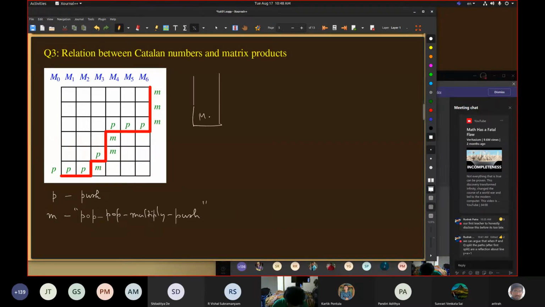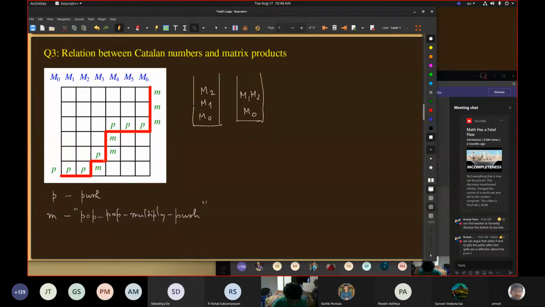M0 is initially pushed unconditionally, then M1 is pushed because this is a right movement, then M2 is pushed because this is a right movement. Now I see an upward movement. So what I will do, I will pop the two top things, M2 and M1, multiply M1 with M2, and push that product to the top of this stack.